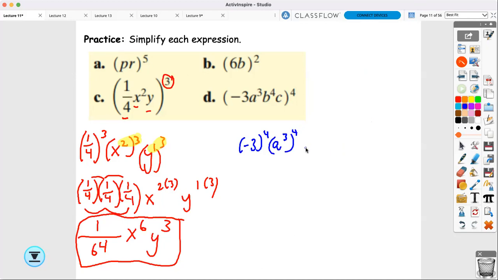Now, if you're using your phone to multiply, it's important that we know what's going on. So for -3 to the 4th, if you're using your phone calculator, it's important that when you type it in, you write -3 times -3 times -3 times -3.